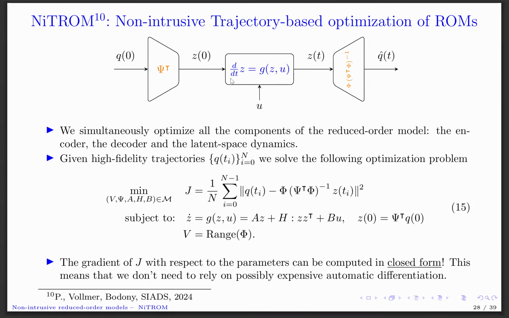And so, as I said before, we don't have to rely on expensive automatic differentiation. So training is quite cheap. We know what the form of the gradient is. We just have to evaluate it, and we can do that quite cheaply. The algorithm is almost embarrassingly parallel across training trajectories. So it's actually quite fast to train this even for very high dimensional systems.